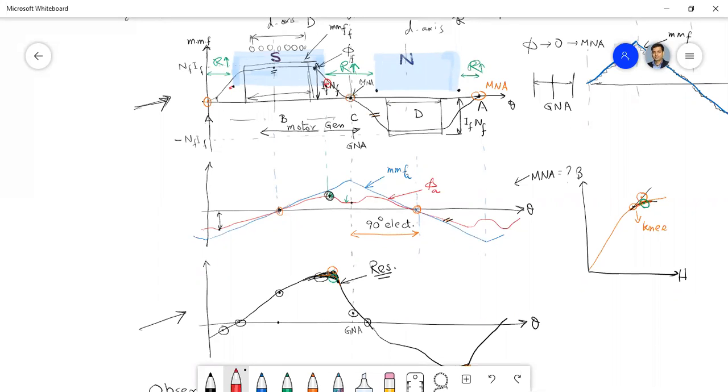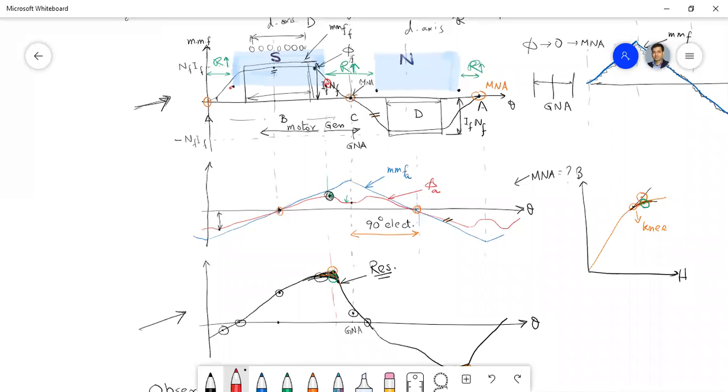And at the leading pole tip, you will get an increase in flux. And at the trailing pole tip, the flux is reduced. But that is the opposite for a generator. For a generator, the leading and trailing pole tip concepts are different, as the direction of rotation is different.